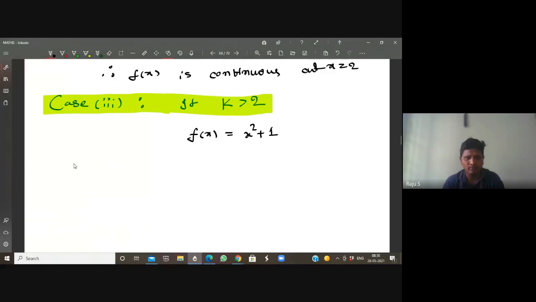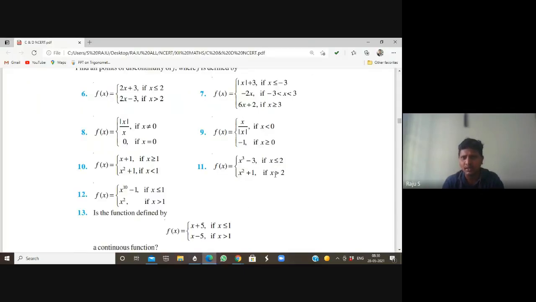Okay, now we have to find LHS. We can use the first formula alone. At greater than 2 condition, how many functions are given? Only one function. Lesser than 2, they given only one function. Greater than 2, they given only one function. But at 2, we have two functions because the particular value is 2.